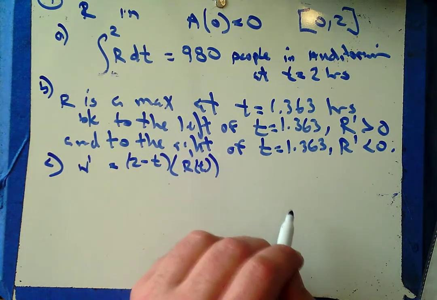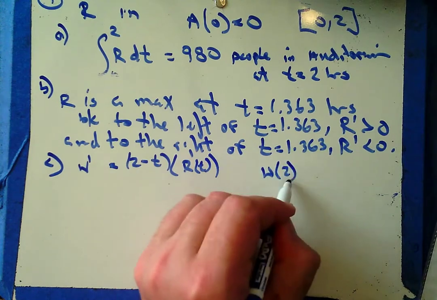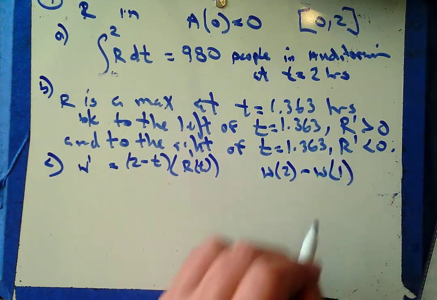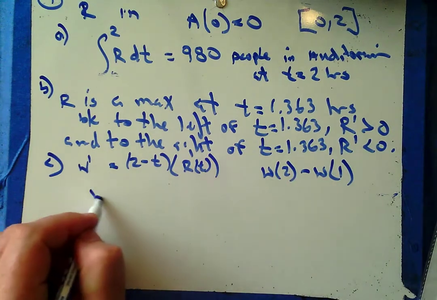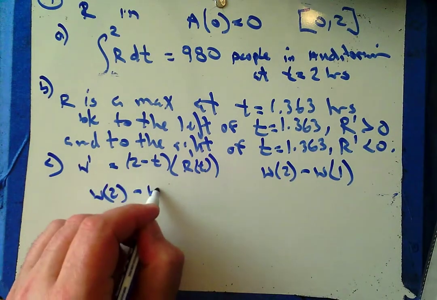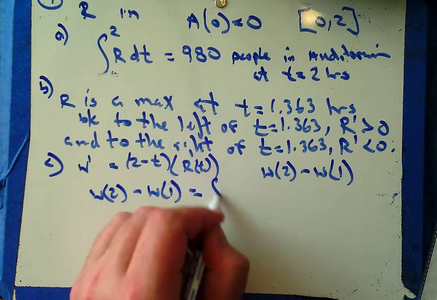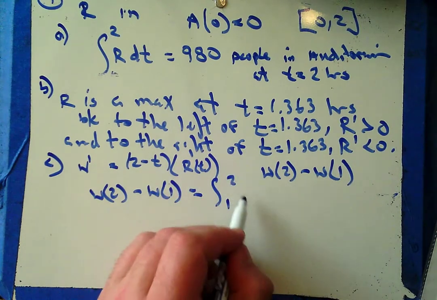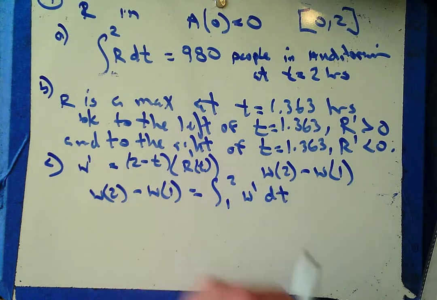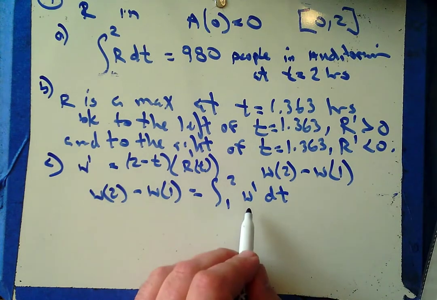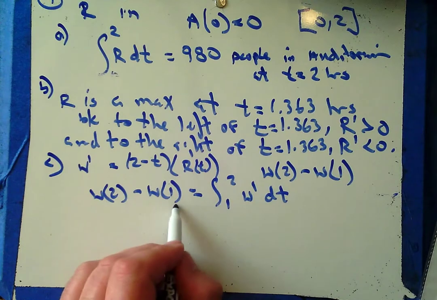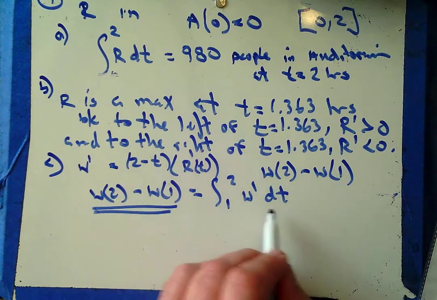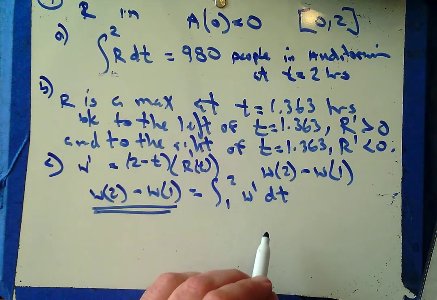They want us to find w of 2 minus w of 1. Well, w prime is the derivative, and so can't I just say w of 2 minus w of 1 equals the integral from 1 to 2 of w prime dt? I can do this on my calculator. I don't have to worry about knowing either of these values because I just want this expression, and that's just going to be this straight integral.